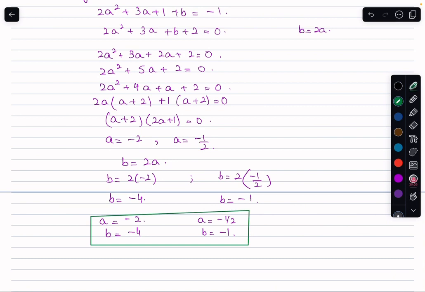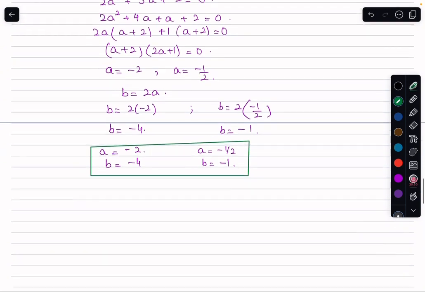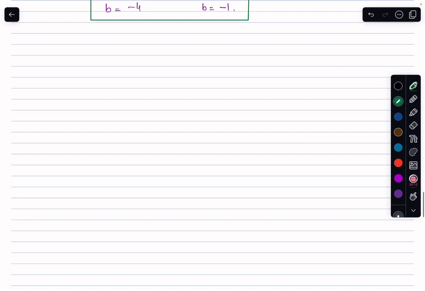However, we must know that there exists a condition for the composite function to exist. That condition is that for a composite function, let's say the composite function is fg, fg will only exist. So this is the validity condition for the composite function.